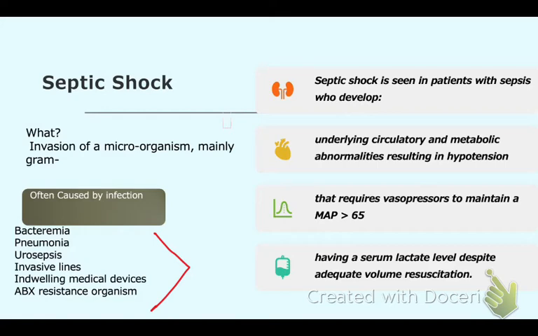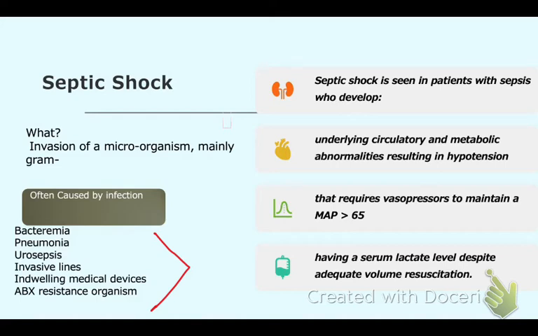We remove caths early, we use aseptic technique, we use sterile technique, and we are careful with our invasive lines. Often with septic shock, urosepsis is the cause of it. And we have to again treat the underlying cause.